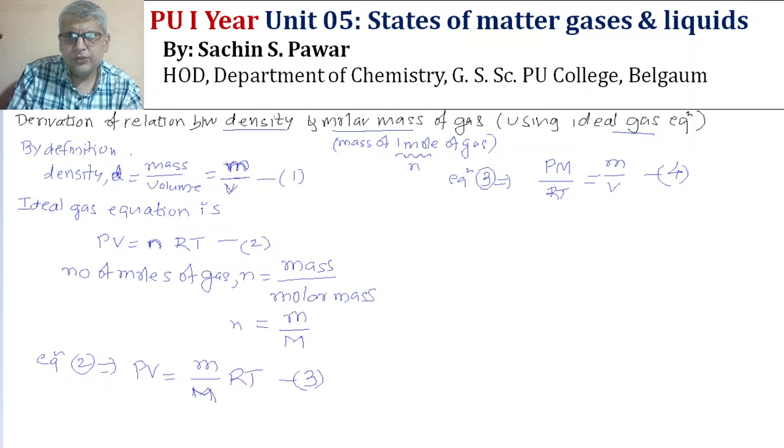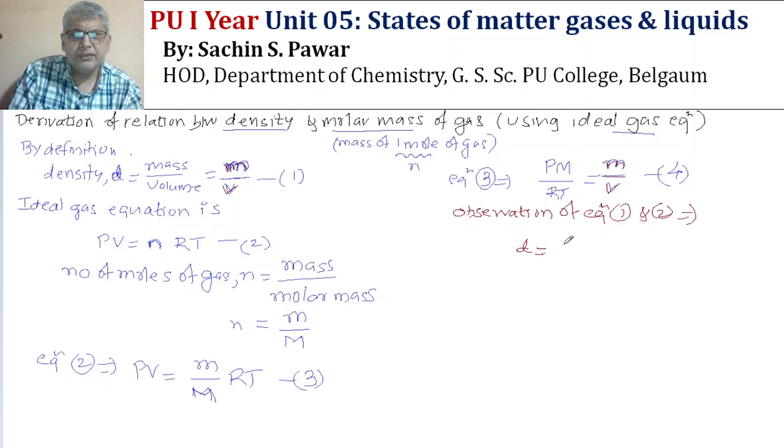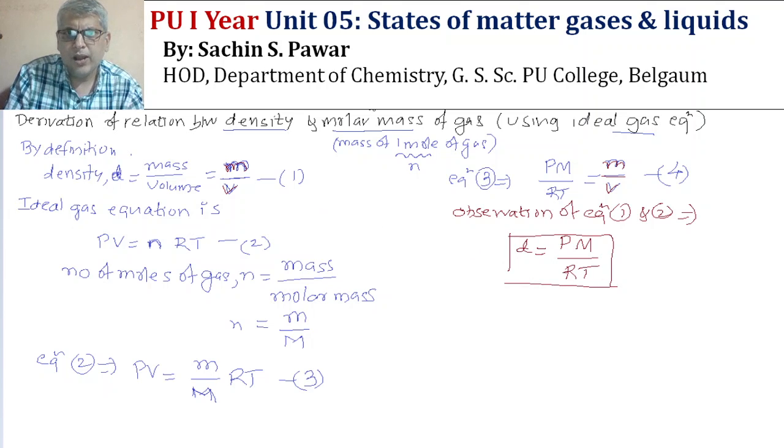Now if you just observe equations 1 and 4, M upon V, the right hand side of both these equations is the same. So the observation of equations 1 and 4 implies, since the right hand sides are equal, the left hand sides are equal: density is equal to PM upon RT, and I have got a relation between density and molar mass.